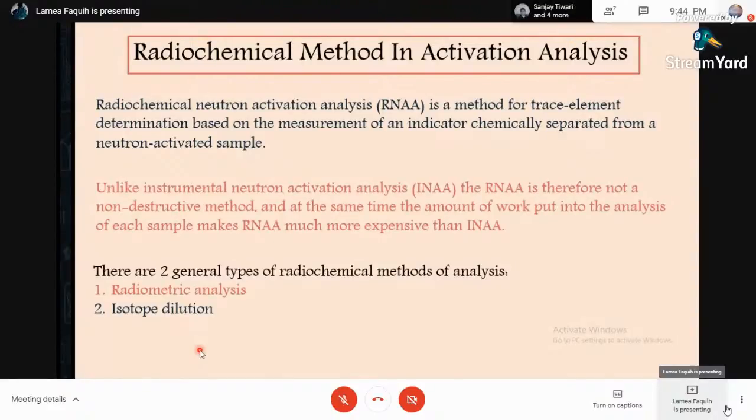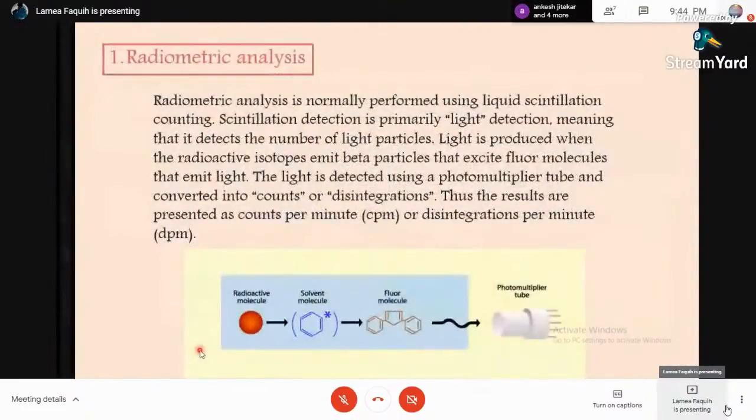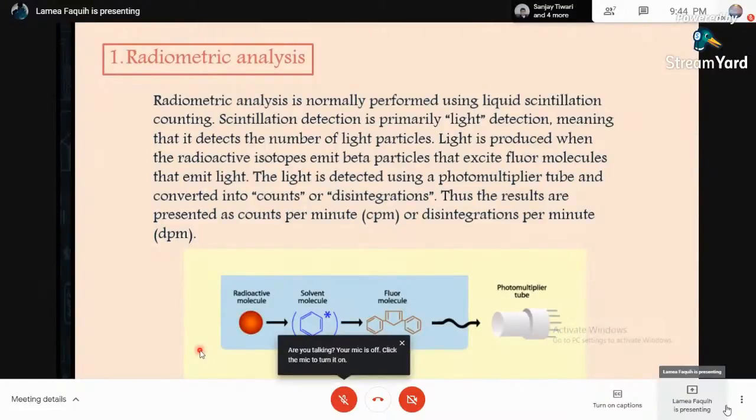Now we're going to talk about two techniques under this, that is radiometric analysis and isotope dilution. In radiometric analysis, this technique is done with a liquid scintillation counter. As we know, scintillation detection basically refers to light detection. That is, it detects the number of light particles, right? The light is produced when radioactive isotopes emit particles that result in excitation of the fluor molecules, and hence they end up emitting light.